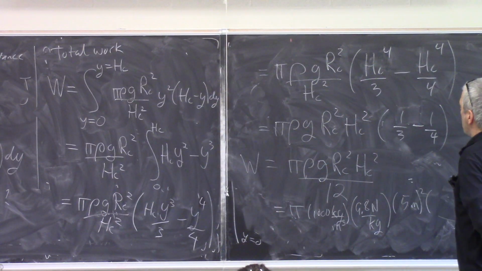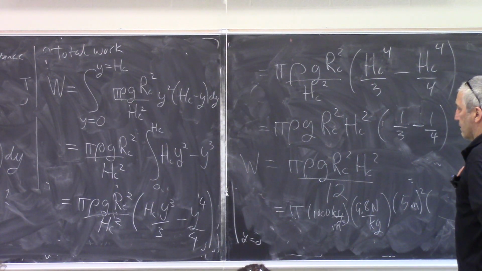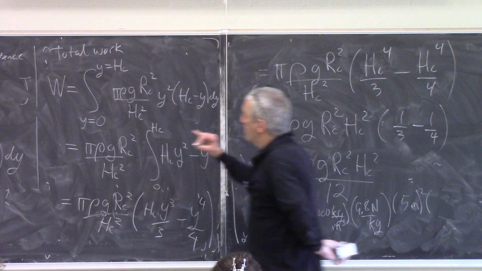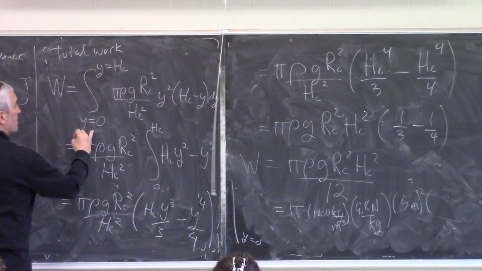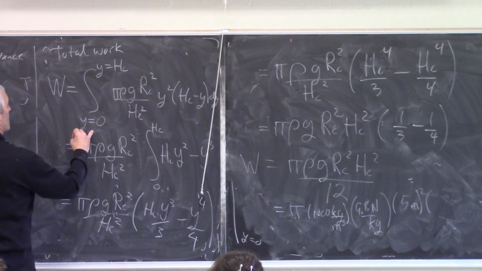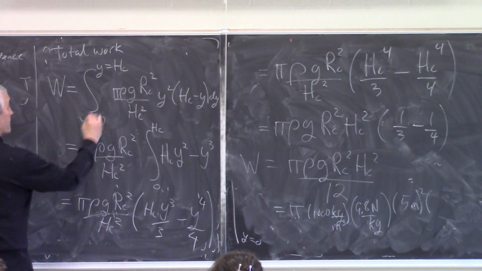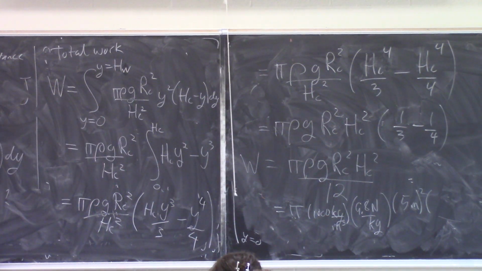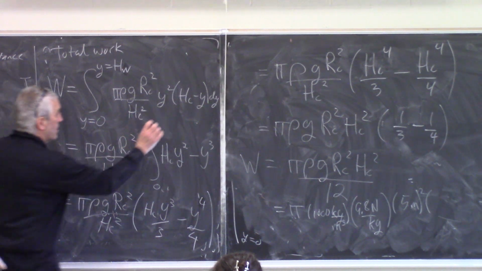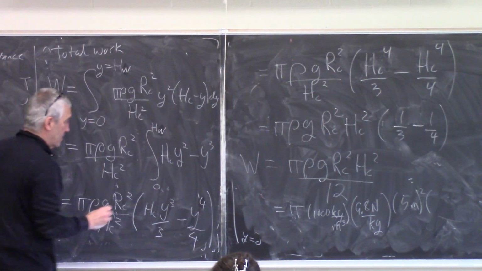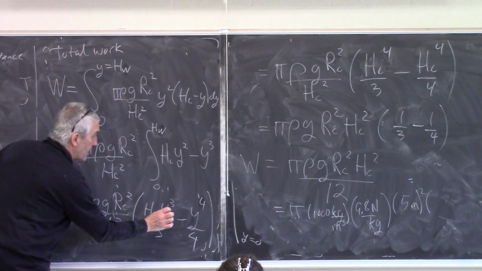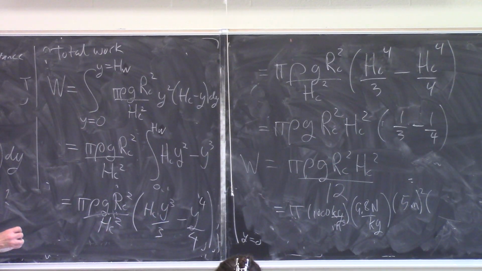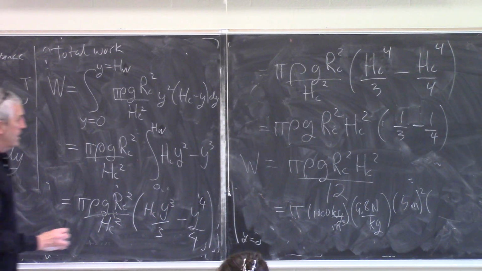oh, bad Dobby. The bottom disk is at height 0. The top disk is at Hw. The water is not the same height as the cone. So this should be, oh yeah, bad Dobby.